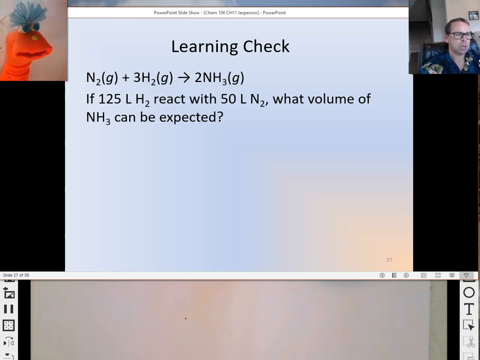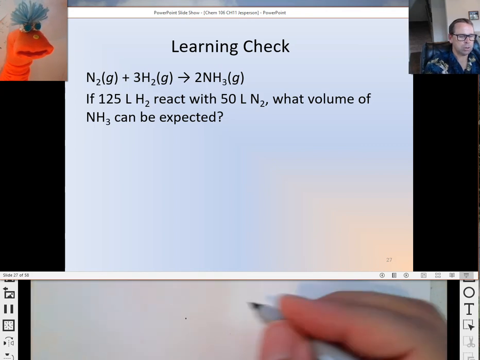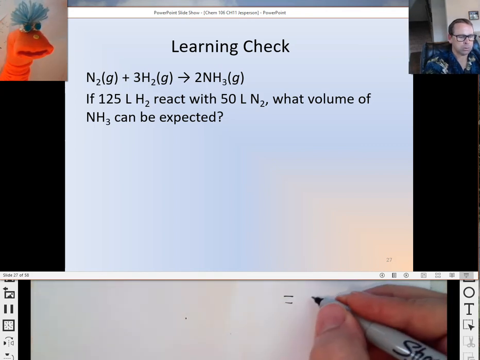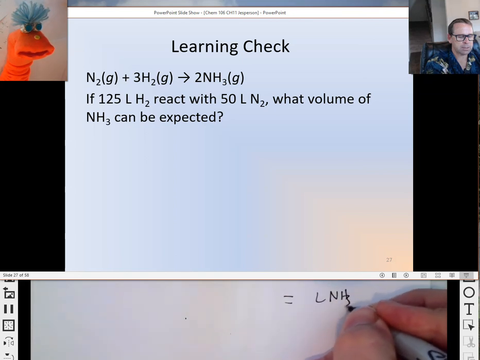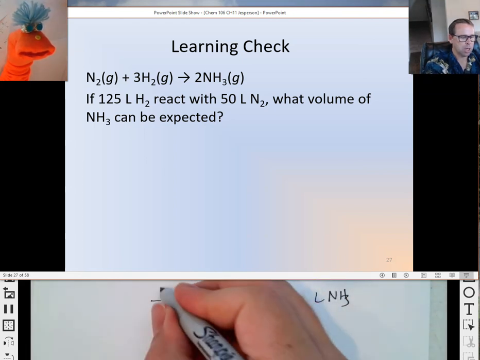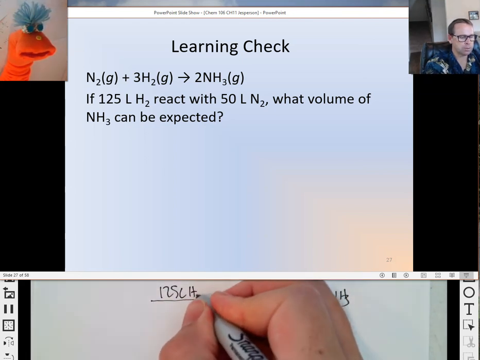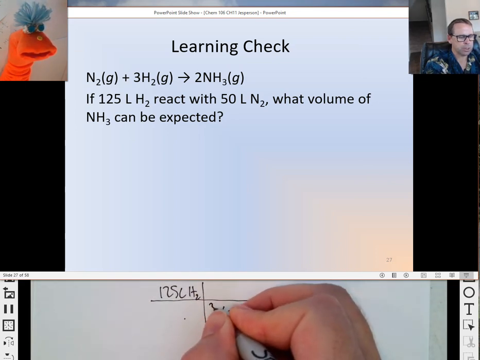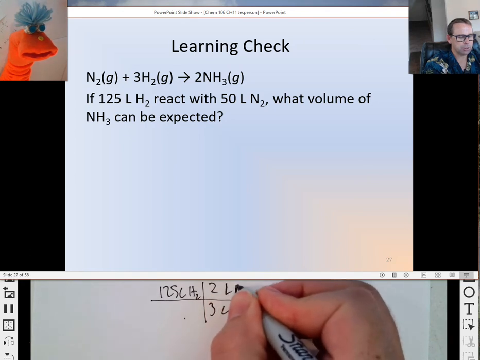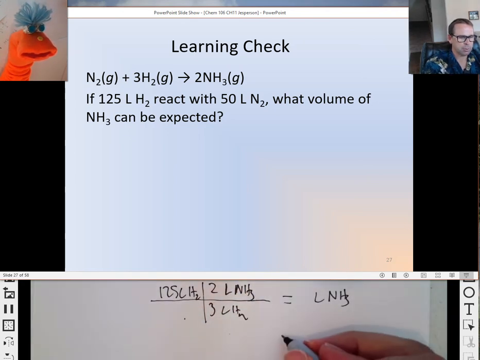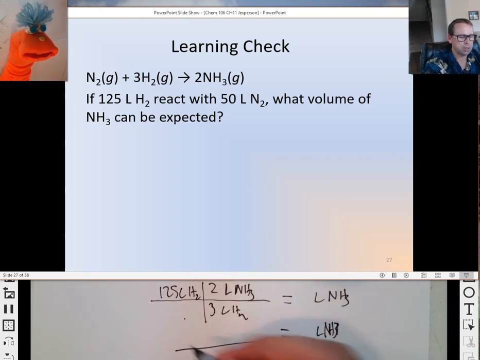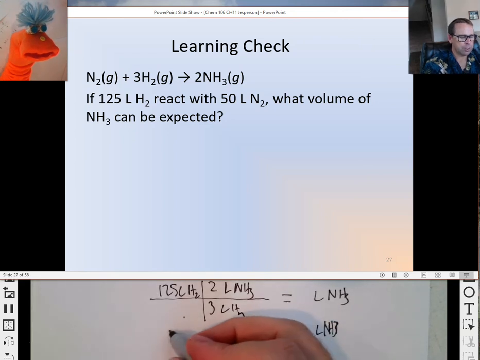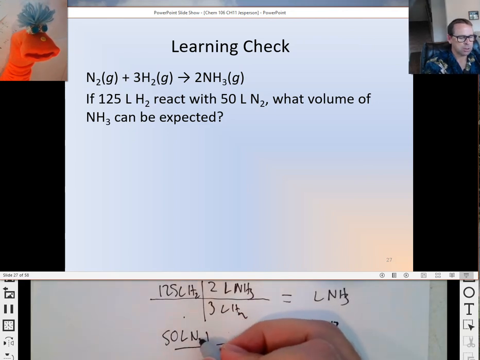That's right. So we have to, again, do our dimensional analysis. How many liters of ammonia? 125 liters of hydrogen. For every 3 liters of hydrogen, 2 liters of ammonia. But then I have to repeat that for 50 liters of nitrogen.